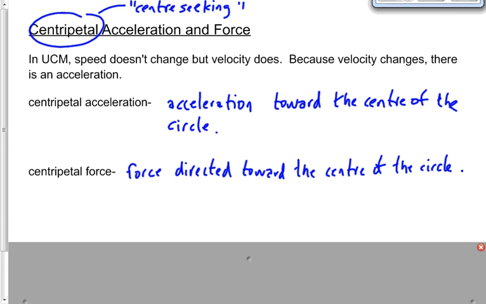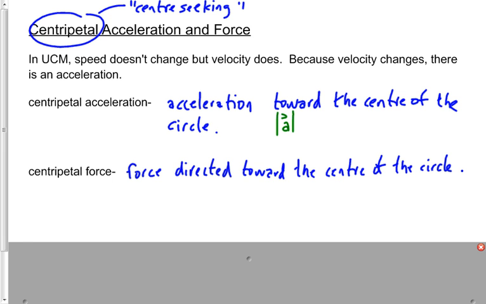Give you a couple equations here. The centripetal acceleration, at least, what do those two little vertical lines mean? Absolute value. The magnitude of the acceleration. This equation won't give me the direction. That's okay, because we already know the direction. It's toward the center of the circle. We don't need an equation to tell me direction.